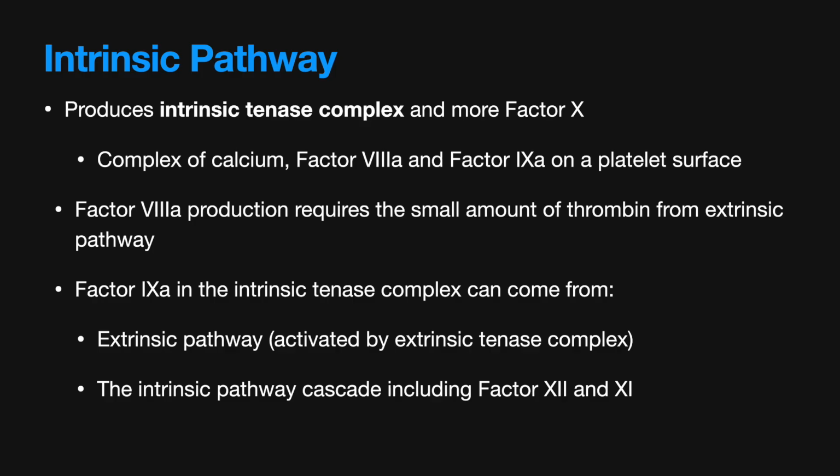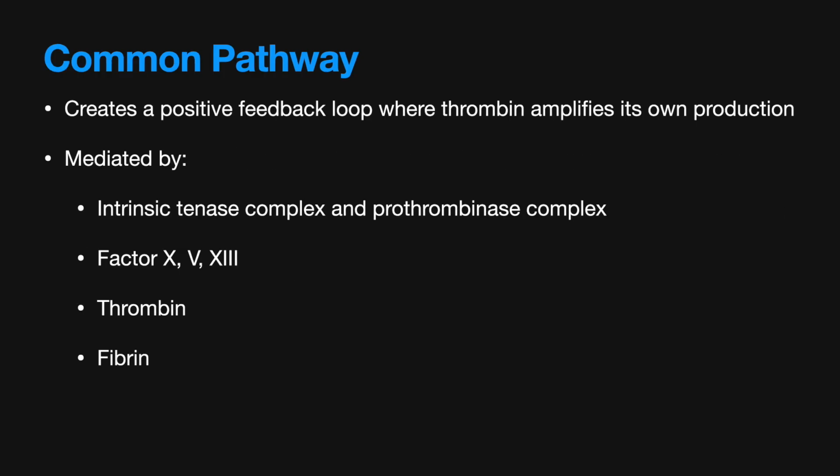In order to produce factor 8, we needed the small amount of thrombin produced by the extrinsic pathway. The factor 9 can either come from the extrinsic pathway after being activated by extrinsic kinase complex, or it can come from the intrinsic pathway cascade involving factors 12 and 11. From here, the factor 10 produced by both pathways will have a key role in thrombin production in the common pathway.